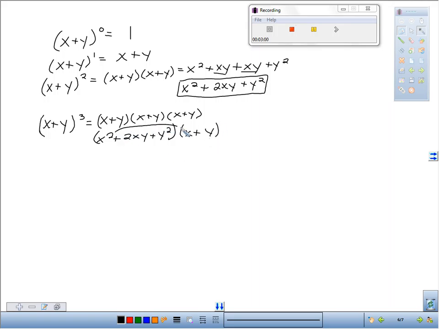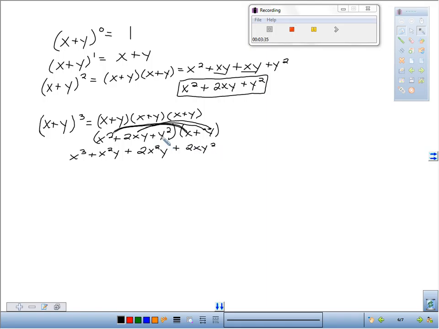So we're going to do x squared times x gives me x cubed. And then x squared times y gives me x squared y. Then the 2xy times x is 2x squared y. Then the 2xy times y gives me 2xy squared, and then y squared times x gives me xy squared.